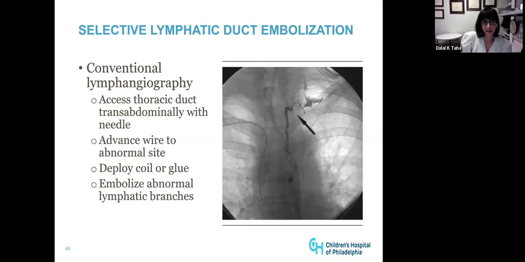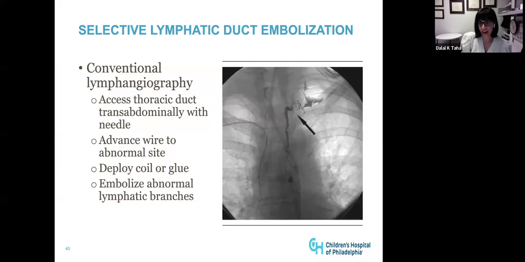So to embolize selective channels in the lymph duct, you have to access the thoracic duct transabdominally and advance a wire to wherever the leak is, and that's where the coil or glue will be deployed. And the intention is for the coil or glue to just go into the abnormal lymphatic branches. We never want to embolize or ligate the thoracic duct in an infant.